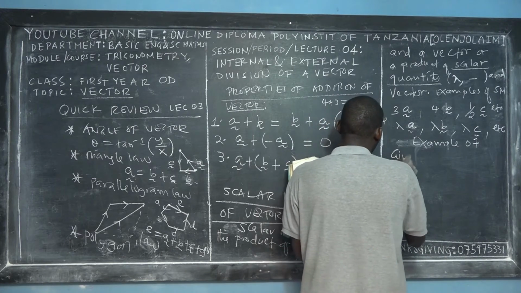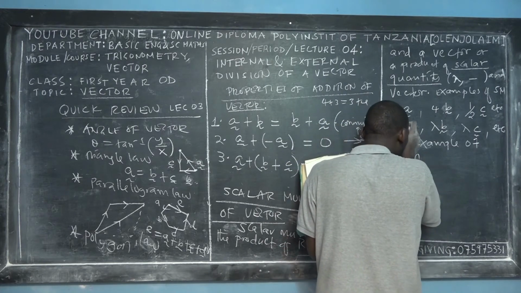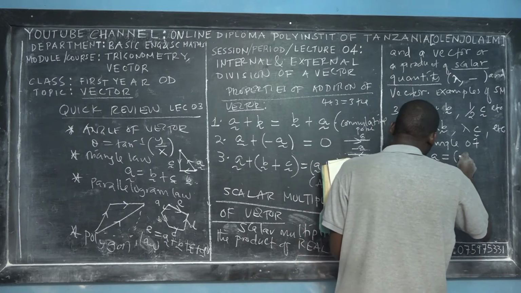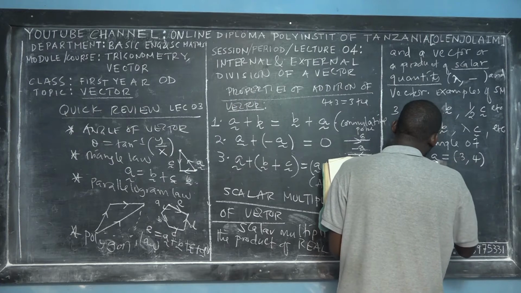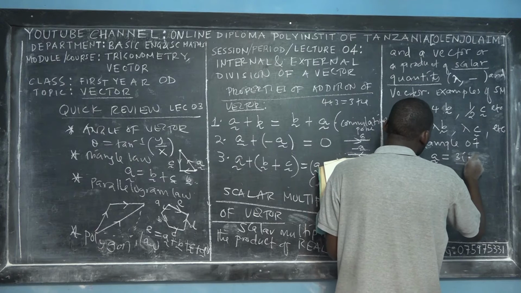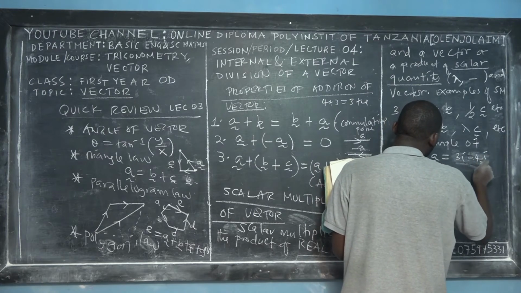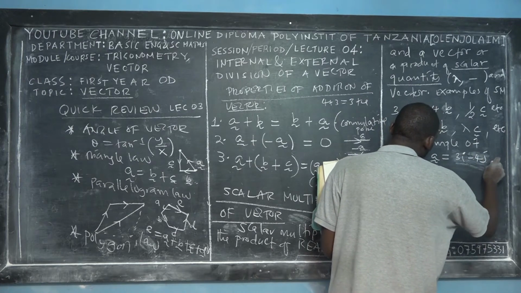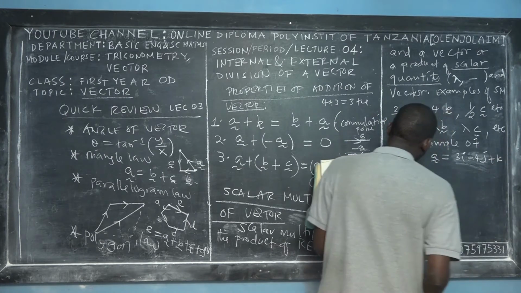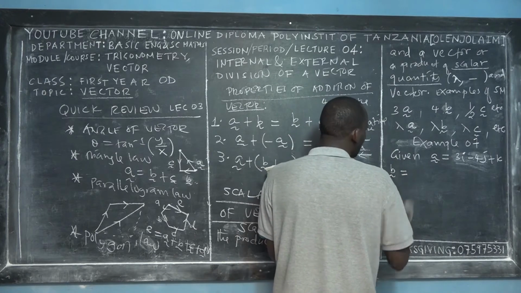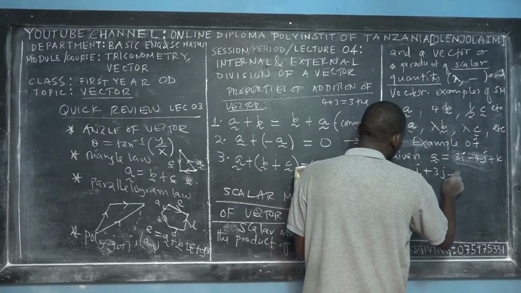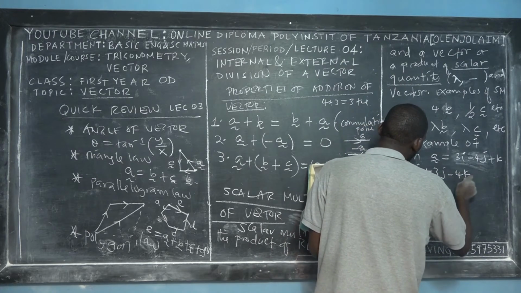Given vector A is equal to 3i minus 4j plus k, and vector B is equal to i plus 3j minus 4k.